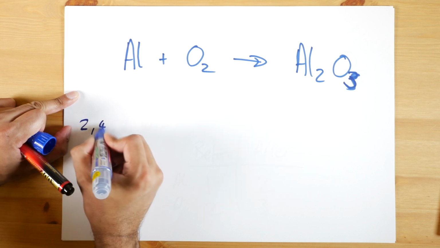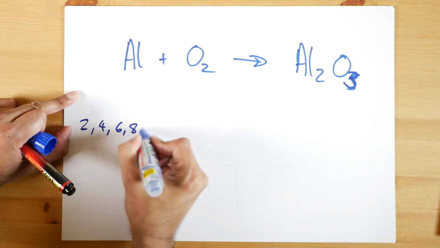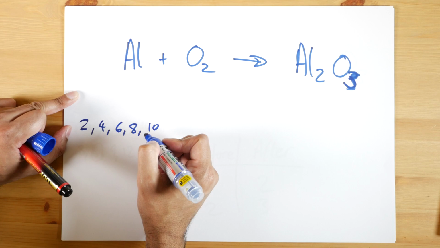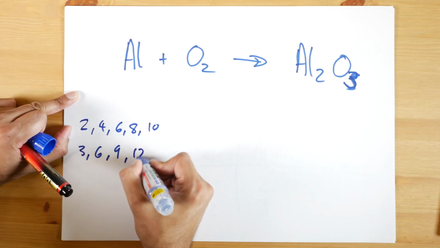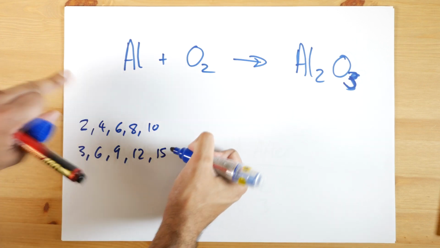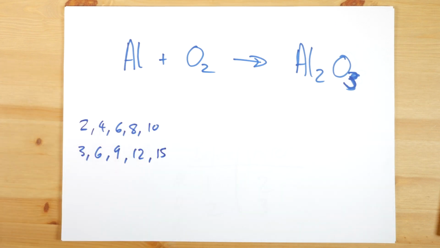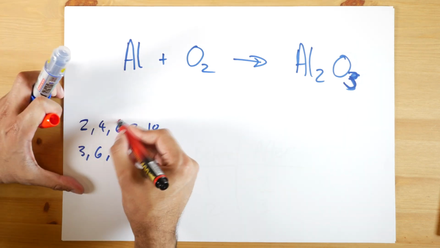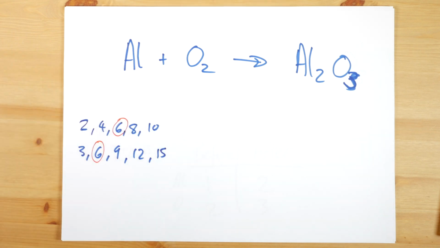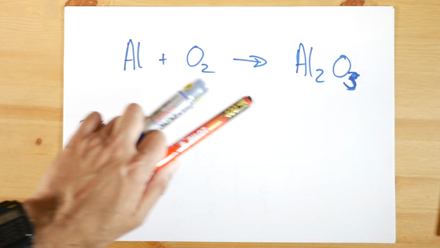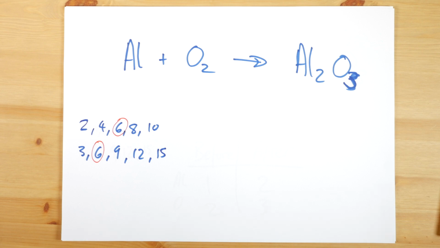So it's 2, 4, 6, 8, and 10. And do the same for 3. So you've got 3, 6, 9, 12, and 15, like so. The lowest common multiple is the lowest number they both have in common when you multiply them out. And that number happens to be 6. Okay? So that's the number that we're going to be gunning for when we're balancing this equation up here.